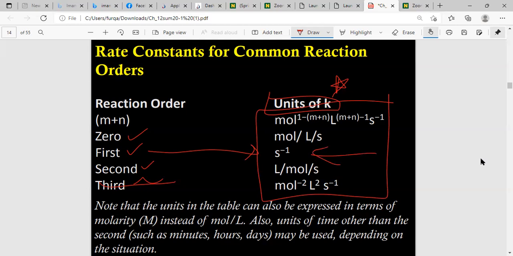Even if you're plugging in the numbers and probably making some mistakes somewhere so that it doesn't end on per second, then you will lose points. So if you do not want to lose points, just know that when you are calculating the rate constant for first order kinetics, you have to report your K value in per second unit.